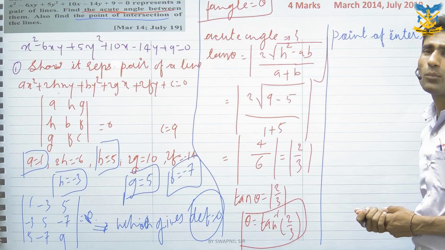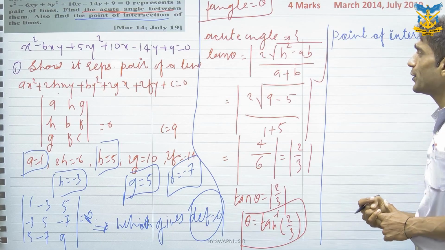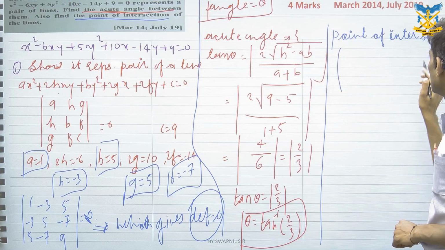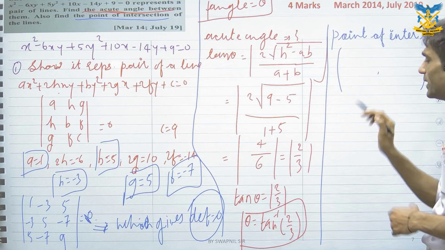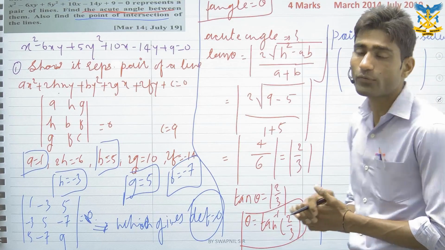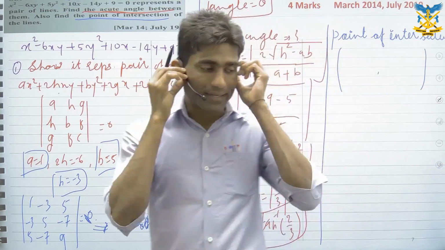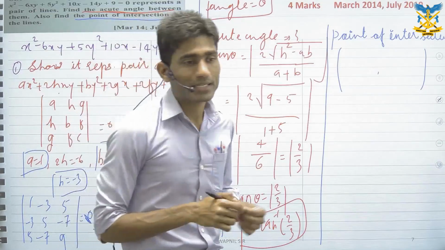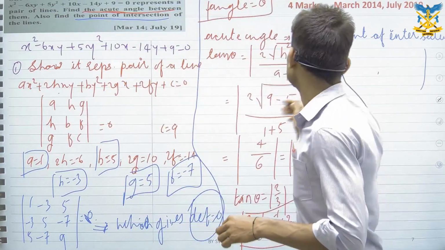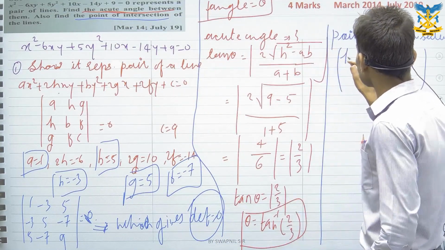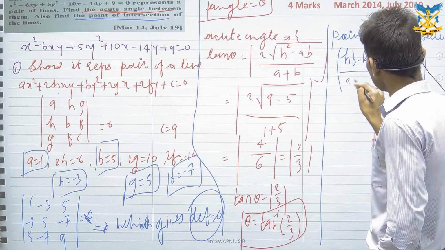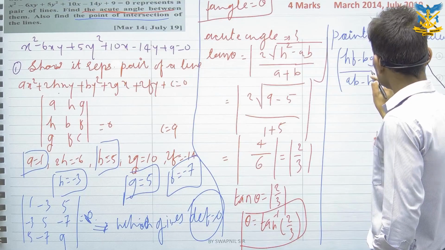For finding the point of intersection, we know the two standard results, so we have to use these results here. The point of intersection can be written as hf minus bg upon ab minus h square as the first coordinate.